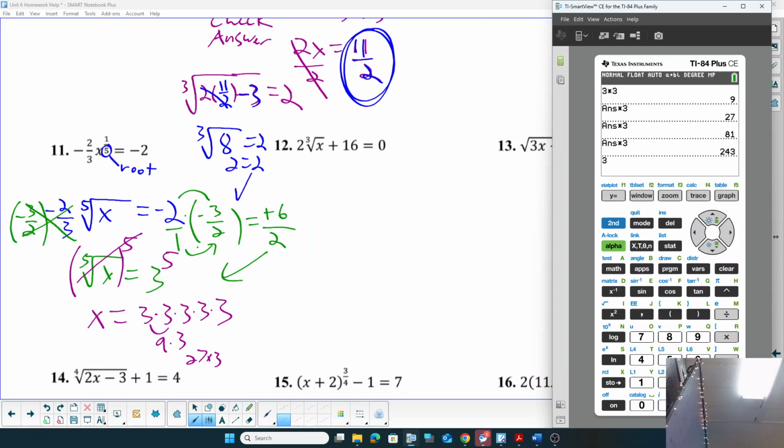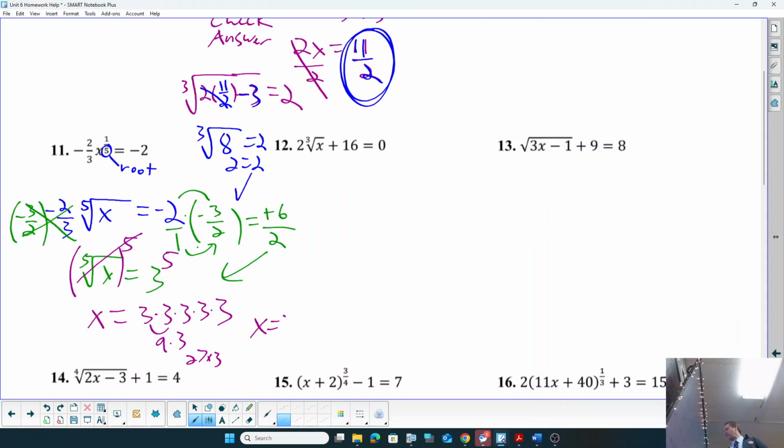So 3 to the 5th power is 243. So our answer for number 11 is 243. And if you plug that back in, the 5th root of 243, of course, is 3.